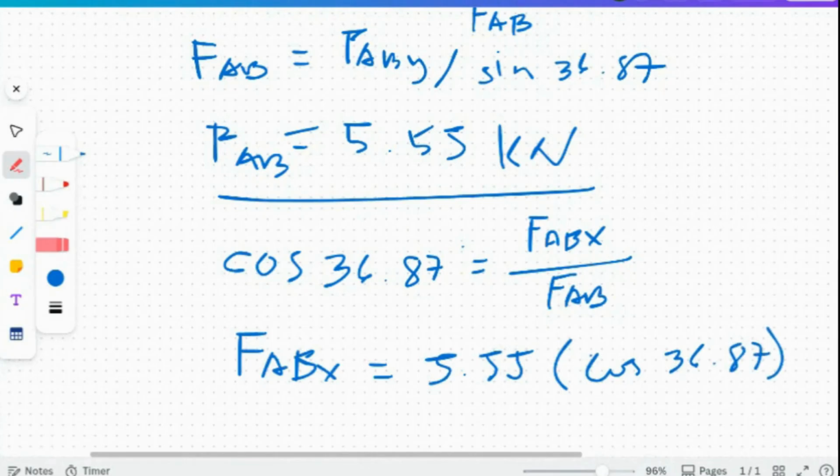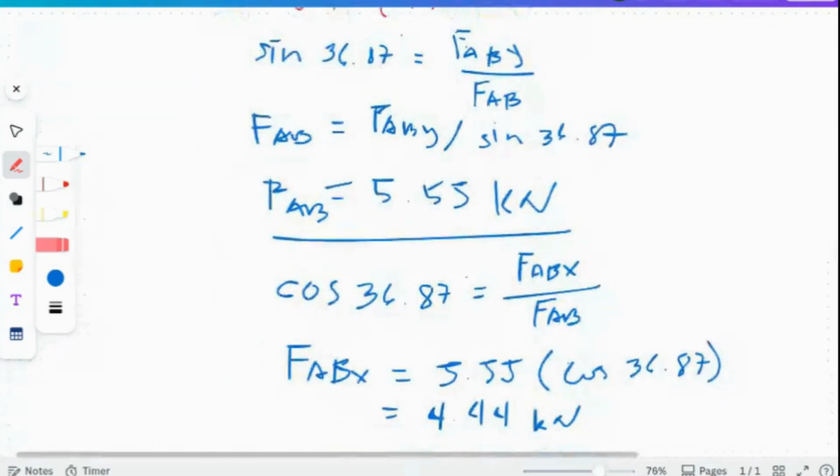There you go. So the answer for that, 5.55 cosine 36.87, is equal to 4.44 kilonewtons. So that is your FABX, right?